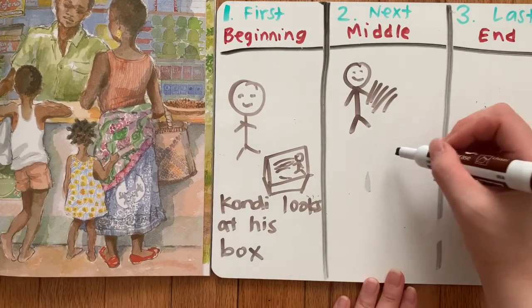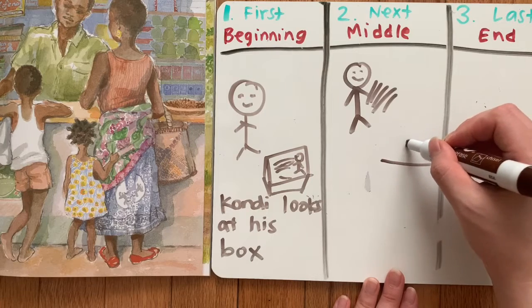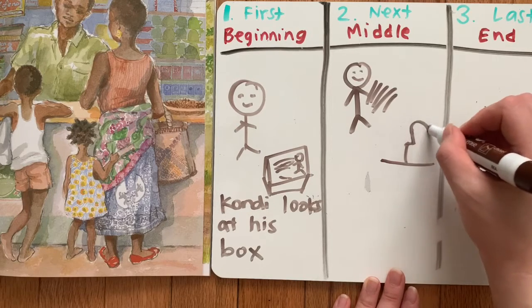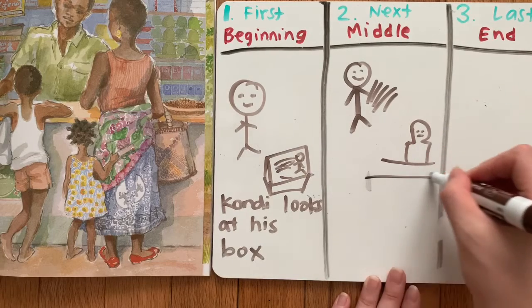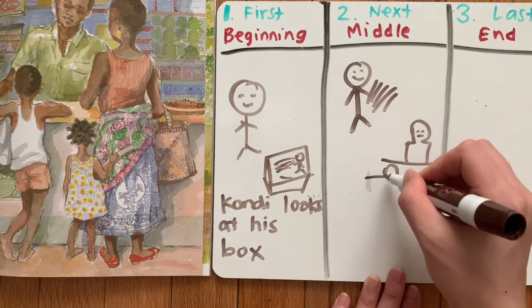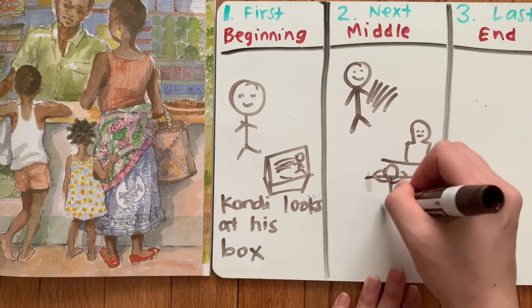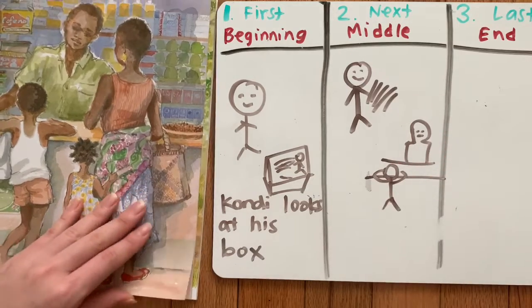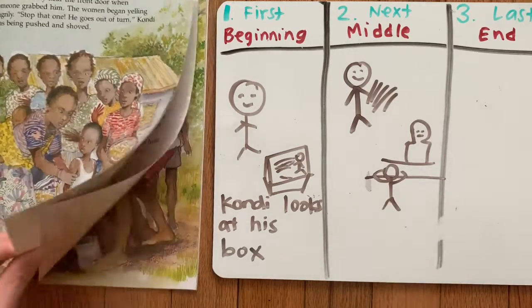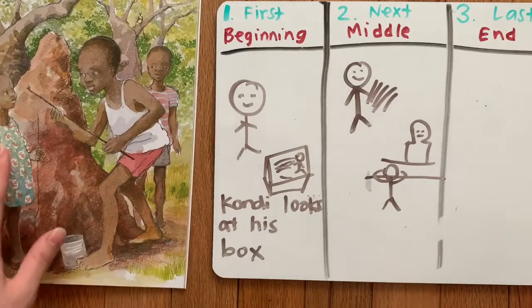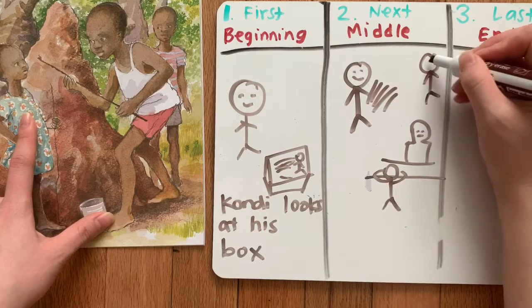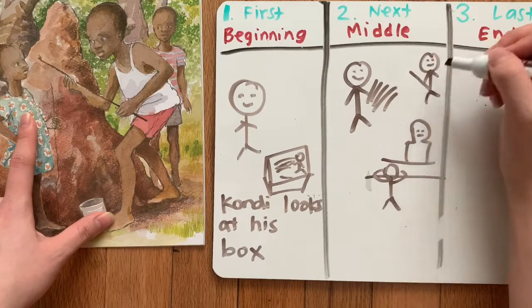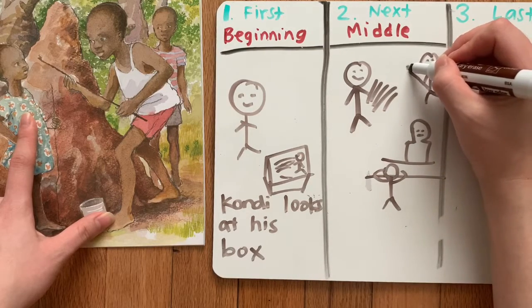So maybe you want to draw him at the uncle's shop. So we could draw the uncle at the counter and Condi here. Or maybe you can draw Condi with the ant on his stick. Also the stick and a little ant.